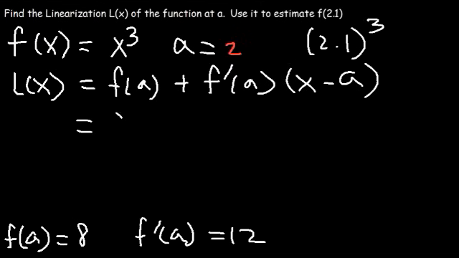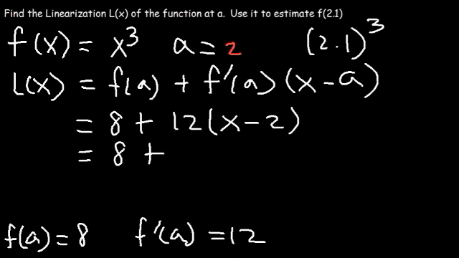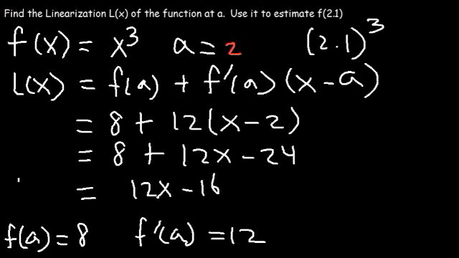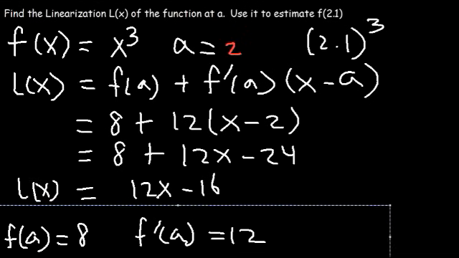So this is equal to 8 plus 12 times x minus 2. Now let's distribute the 12. So it's 12x, and 12 times negative 2 is negative 24. 8 minus 24 is negative 16. So L of x is 12x minus 16.